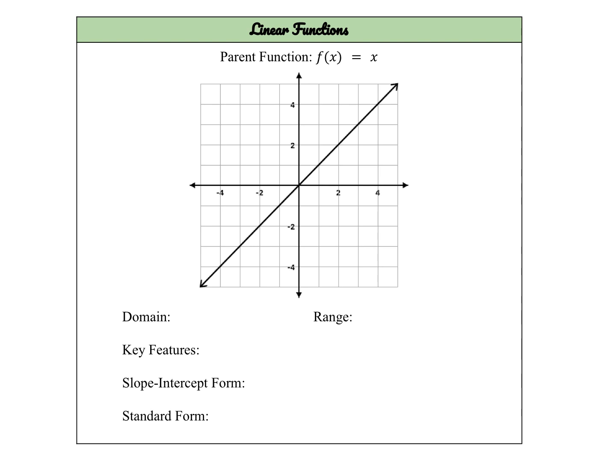So for our linear functions, more broadly, the parent function looks like this. Y, or f of x, equals x. So this is a graph of y equals x. So you can see our domain and range are both all real numbers, negative infinity to infinity. So you should see this for any linear function.